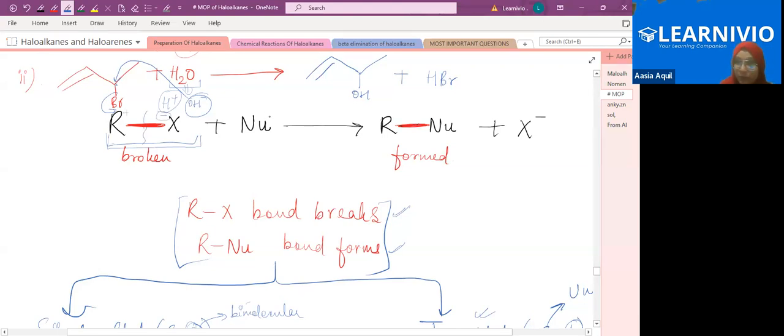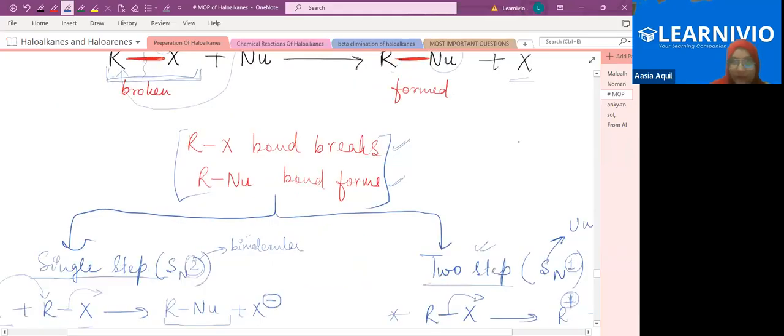And we know that the nucleophile has a negative charge, so it will attack the opposite charge, which is the carbon of the alkyl group. First, this bond will break, and a new bond will form with the nucleophile R-Nu, right? And this is your leaving group. This will leave the molecule. Okay, so see here.